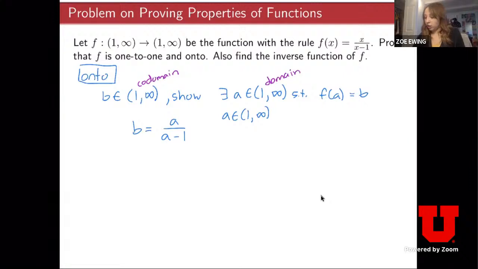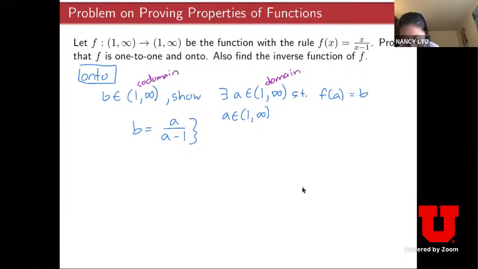So we can actually take, let's see, I'm trying to think of the best way to explain this. We know that we're basically given that this is a real number.